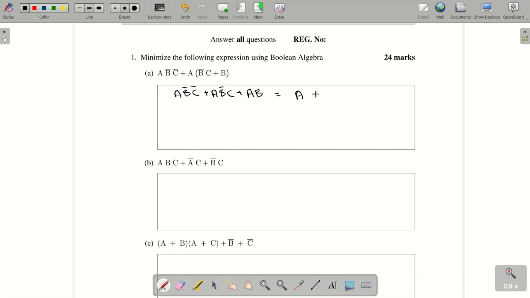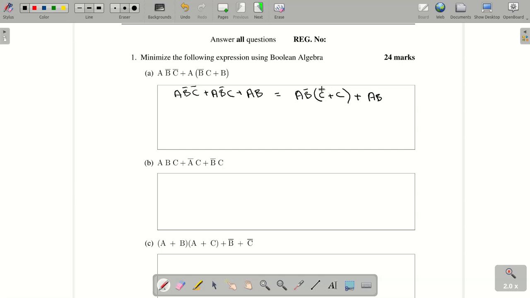So A and B bar are common to these two terms, so we just take this term. So you have C bar left here, or C there, and then we have this term left over. So it's A, B. And we know that if you have anything OR its invert, so we have C bar or C.